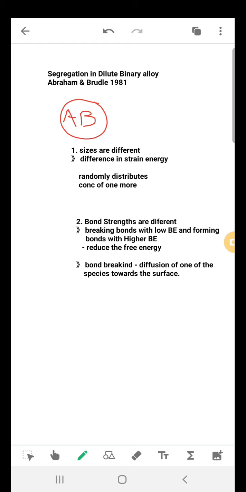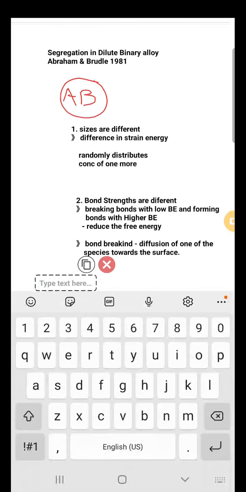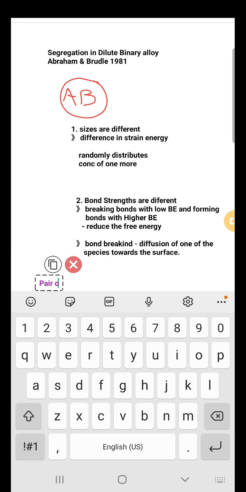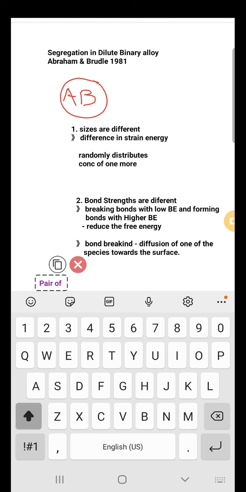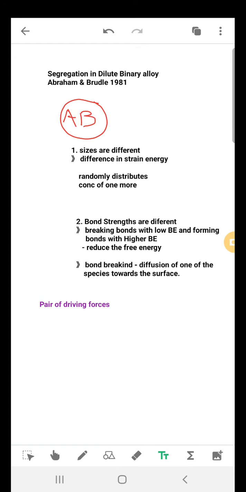If we consider A and B atoms, and concentrate on the pair of driving forces, then the total potential energy of the system in a solid solution tries to get minimized, which allows the positions of the atoms around the solute atoms to be relaxed.